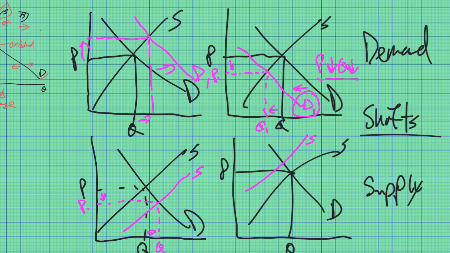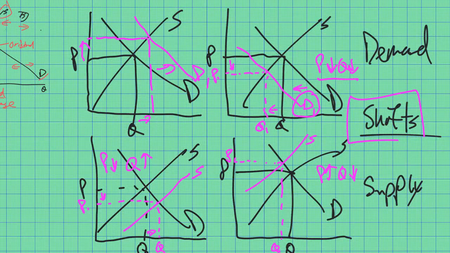And if supply decreases, we would see our new equilibrium points like this, P1 and Q1. Right? So for this one, price went down, the quantity went up. And this one, price went up, quantity went down. Right?